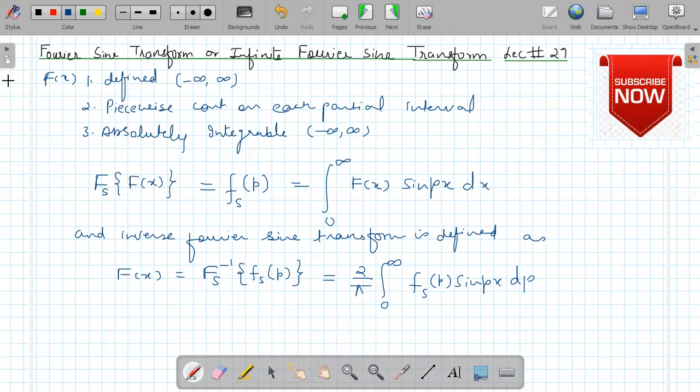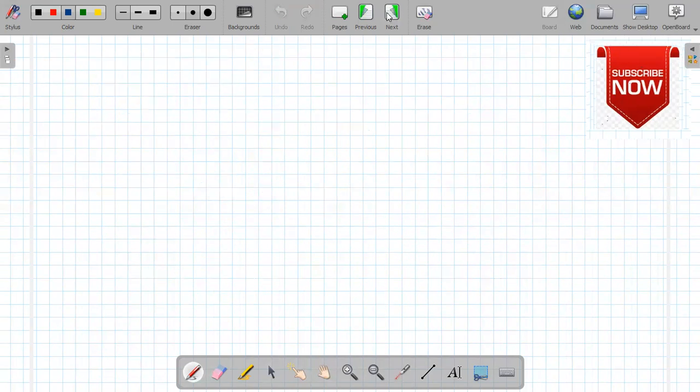Similarly, we can define the Fourier cosine transform, or infinite Fourier cosine transform.